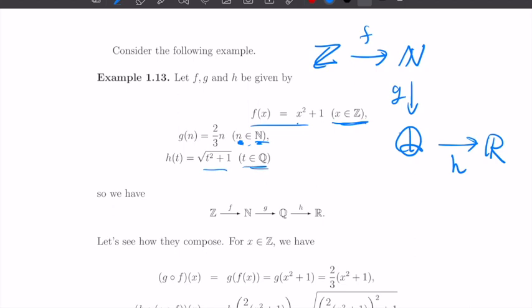We can compose first this and this, or first this and this, right?